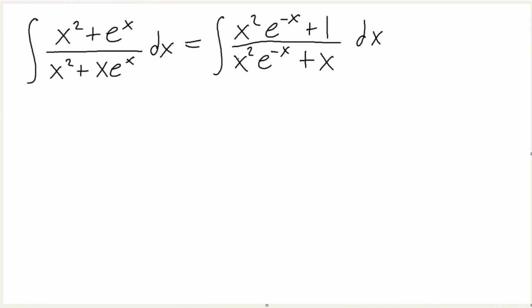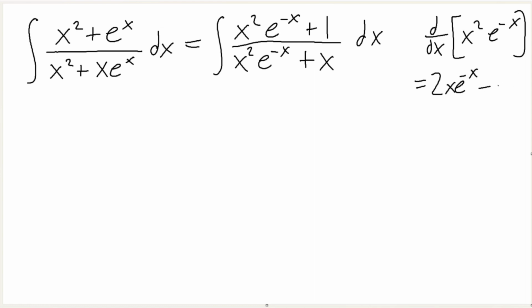This here, we need to have what is the derivative here? Let's just check. We won't use it up, but I just want to know, what is this? What is this? 2x e to the negative x minus. Okay. So that's that.